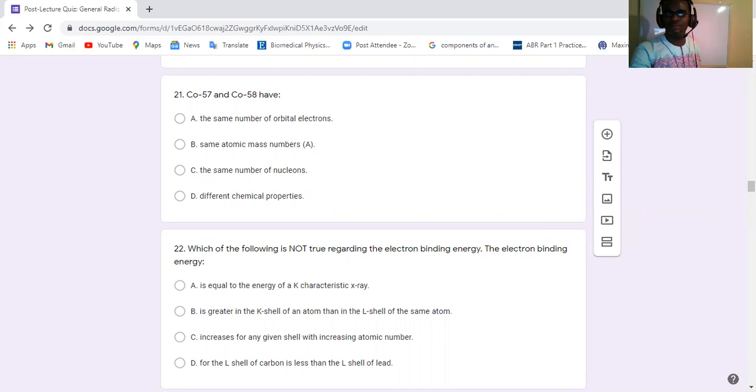A is the correct answer. They have the same number of orbital electrons, which is also the same atomic number.